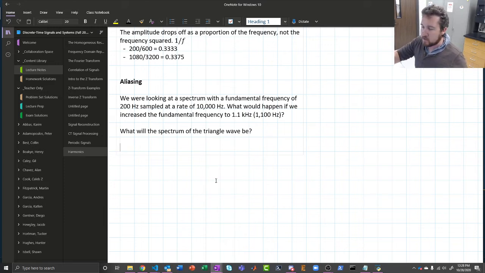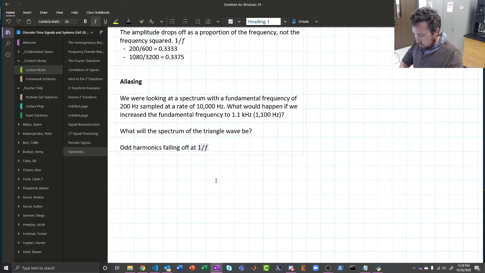I'm just getting ahead of Edward telling us what the correct answer is. So we would expect to see odd harmonics falling off at 1 over f squared, right?